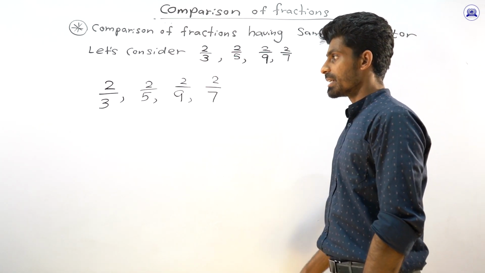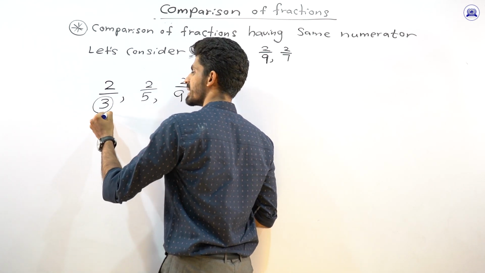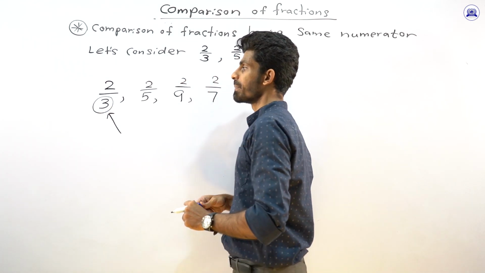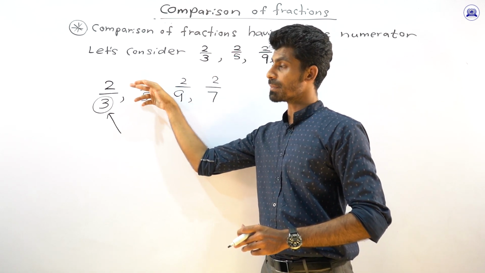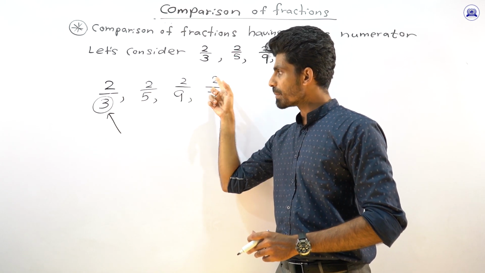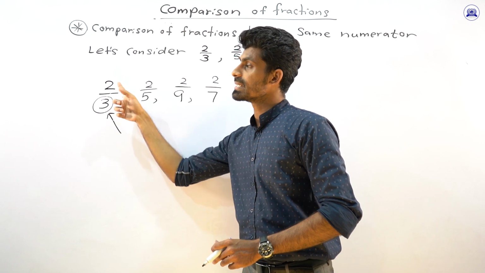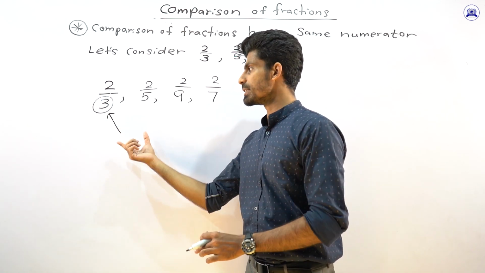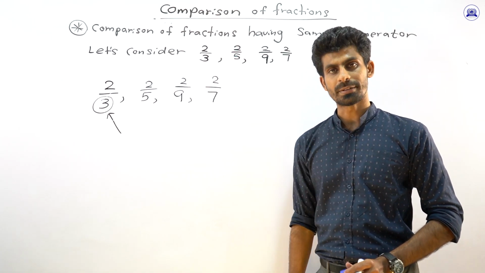Look at this one. Which one is the smallest denominator? This one is the smaller denominator. If we are having fractions with equal numerators, you need to consider the denominator. Smallest denominator having the largest fraction, right?